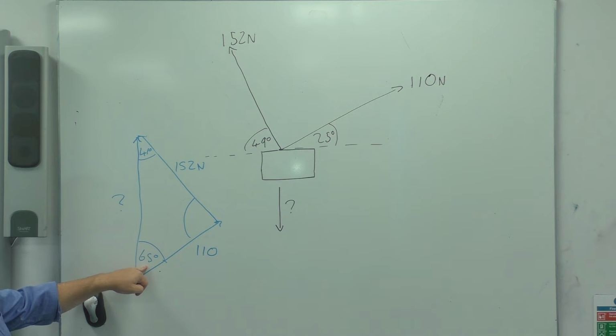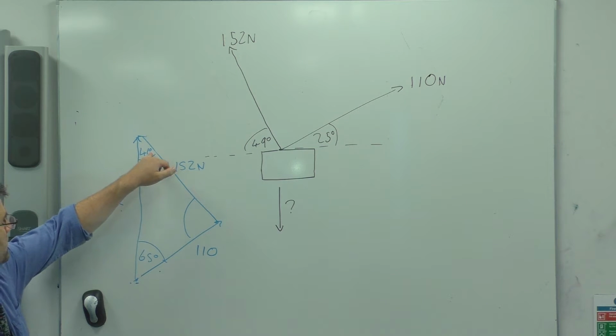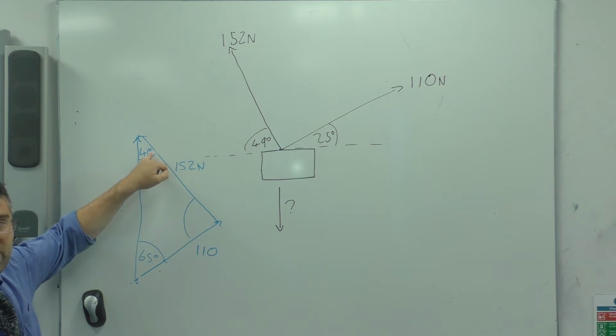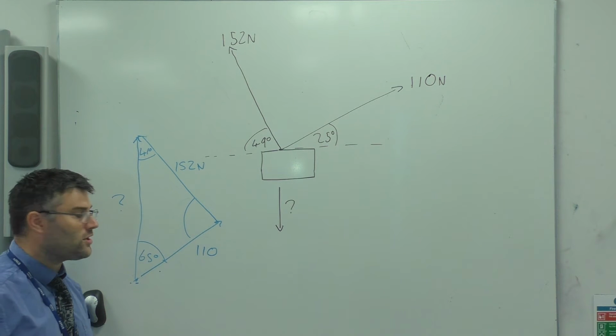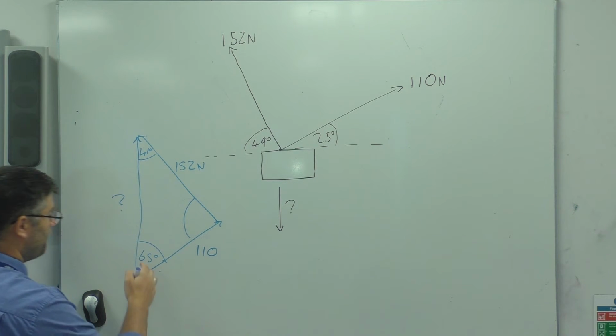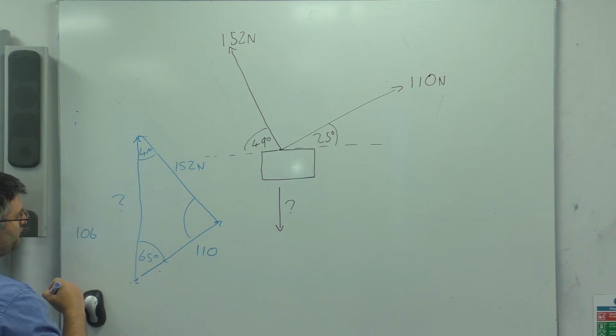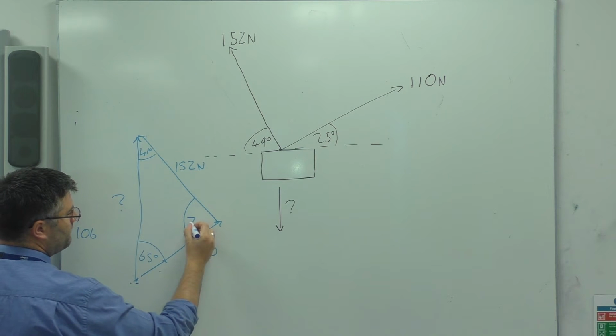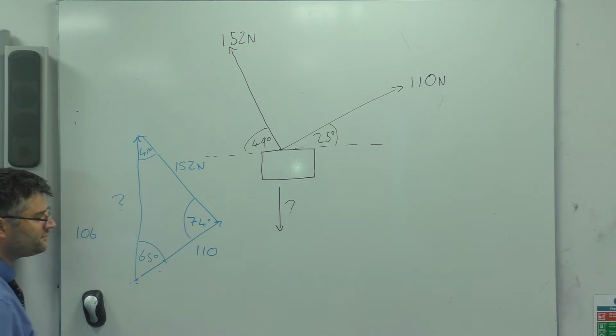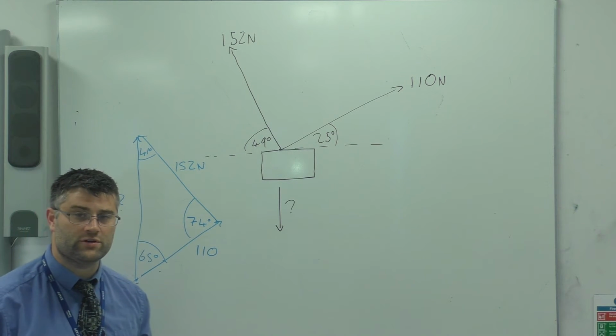I've got 65 and 41, so that's 106. What's the total angle inside any triangle? It's 180. So I've got 106, 180 minus that, so I've got 74 degrees there.